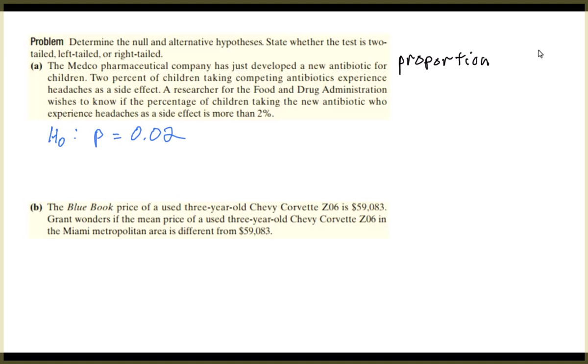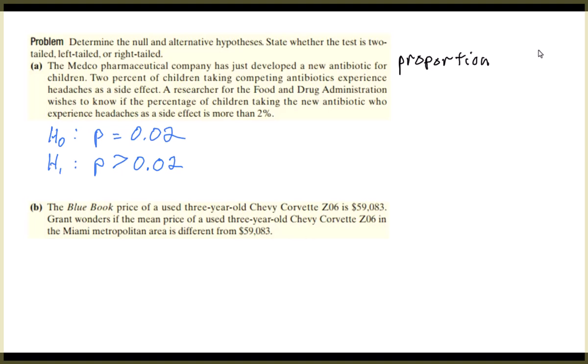We're talking about our population here, our drugs. 2%, just like everybody else, headaches. The alternative would be what? More than 2%. That's what the FDA is interested in. Yeah, your drug might work, but does it have worse side effects than everybody else's? In which case we might not approve it.